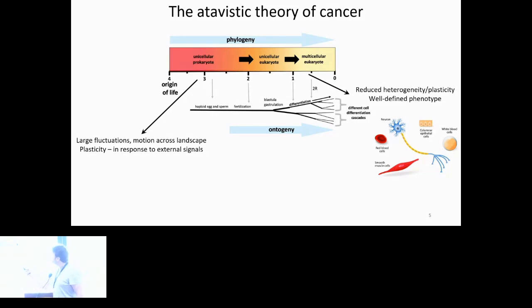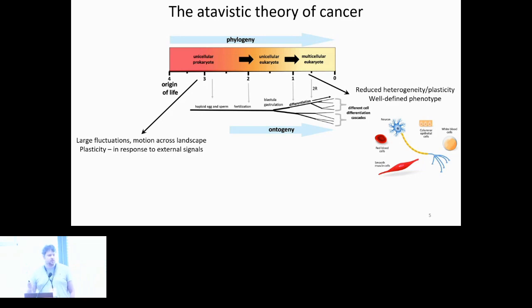Here you have vascular gastrulation. At this time, around 1 billion years ago, you have organogenesis and the body plan, so you can have hand, foot, and so on. So you have different cells at the end, like neurons, columnar epithelial cells, red blood cells, and so on.